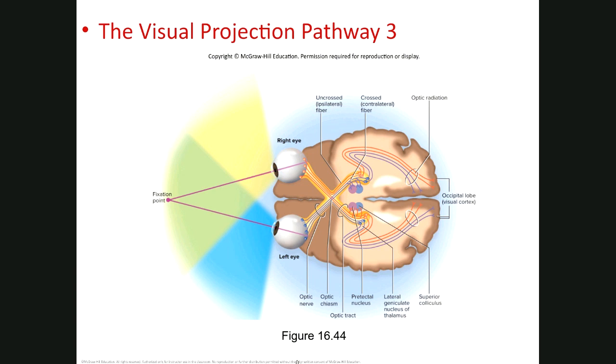The neurotransmitter for pain is substance P, okay? Substance P is actually picked up by your nociceptors.